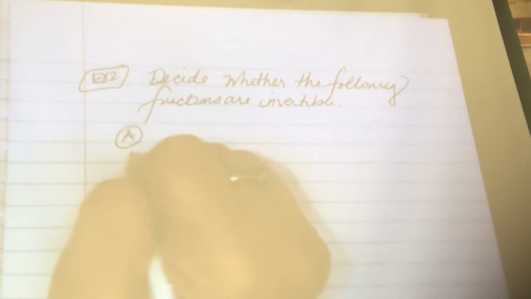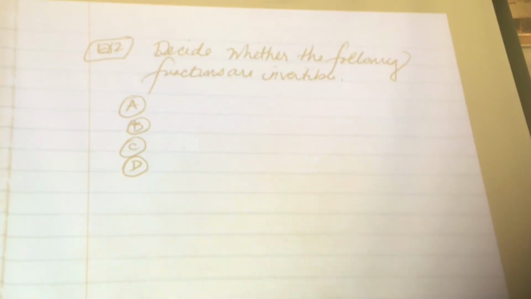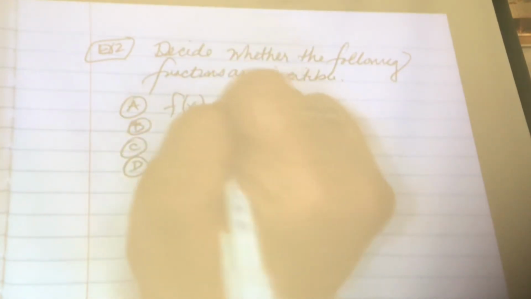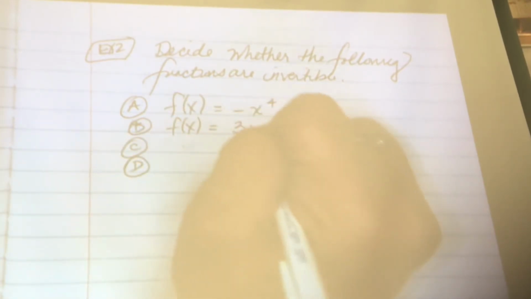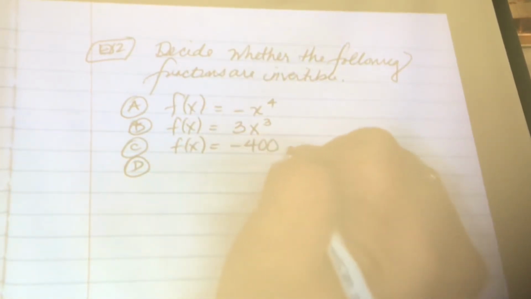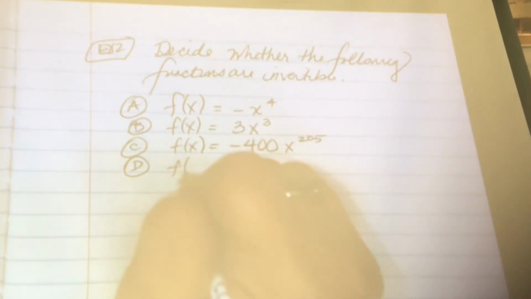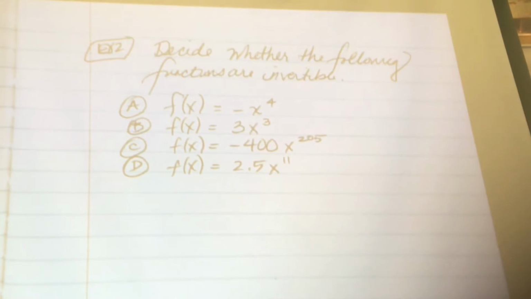So if I give you these four functions, you wouldn't even need to graph it at this point. Because if you have f of x is equal to negative x to the fourth, f of x is equal to 3x cubed, f of x is equal to negative 400 x to the 205, and f of x is equal to 2.5 x to the 11.